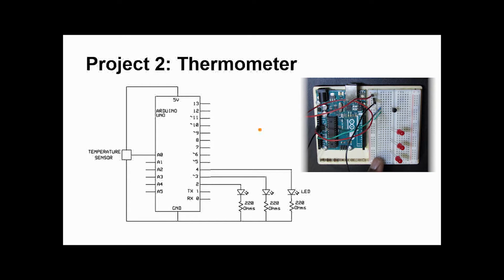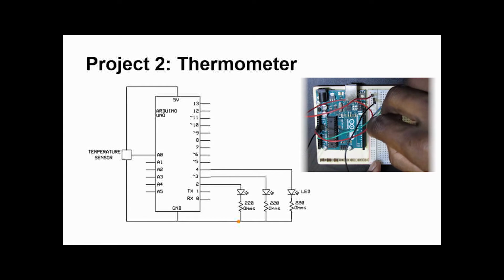Next will be our 220 ohm resistors. So in our schematic, the resistors are going from the cathode, which is the short leg, back to ground. So starting with this top resistor, our cathode is sitting in pin 16, so I'll go row 16, column A. I'll give myself some more room.